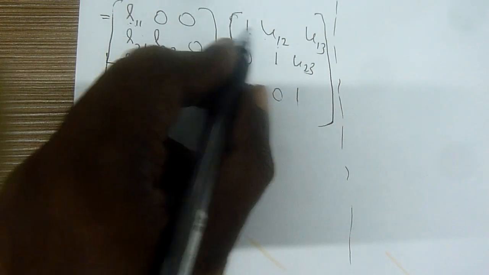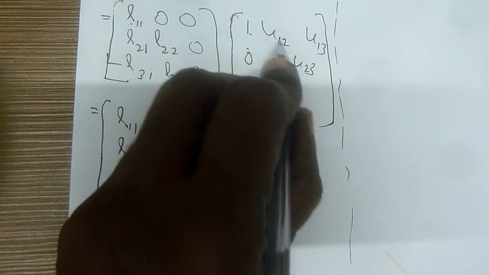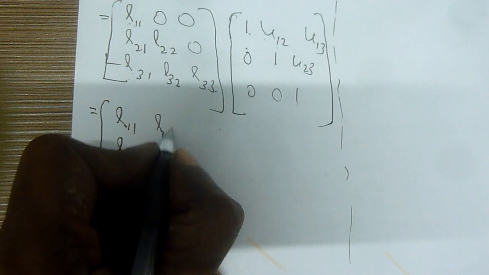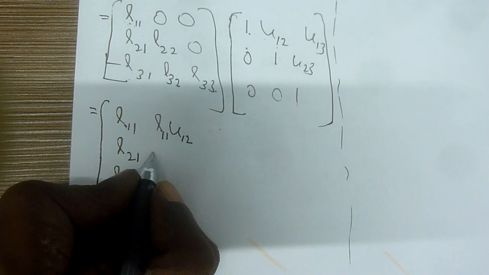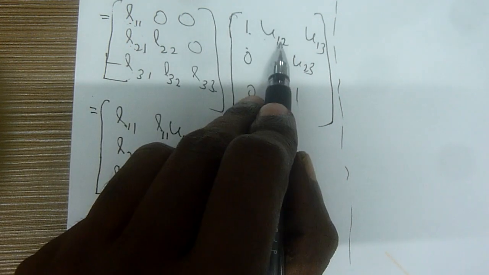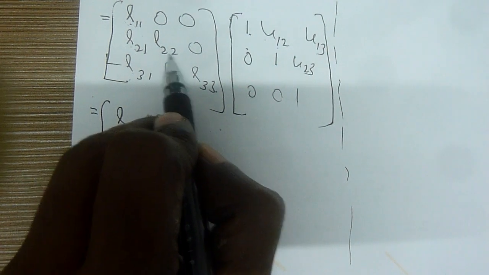What about the second column? L11 times U12, here L11 U12. The second one is L21 times U12 plus L22.